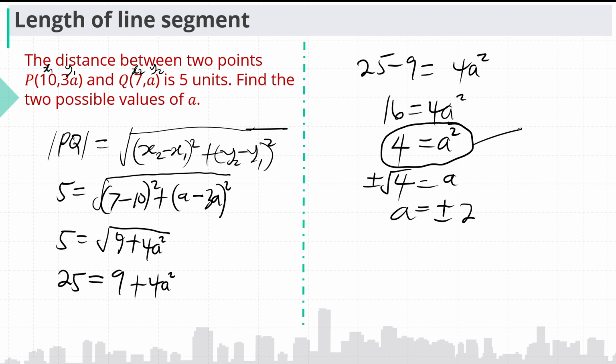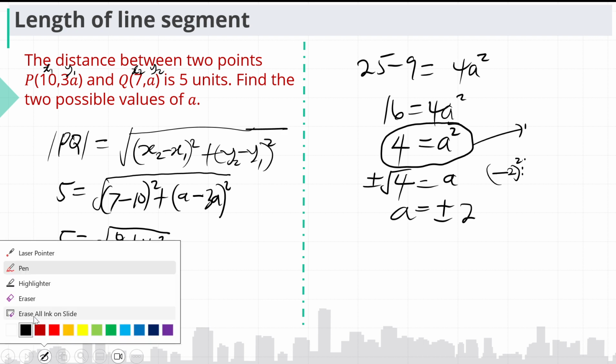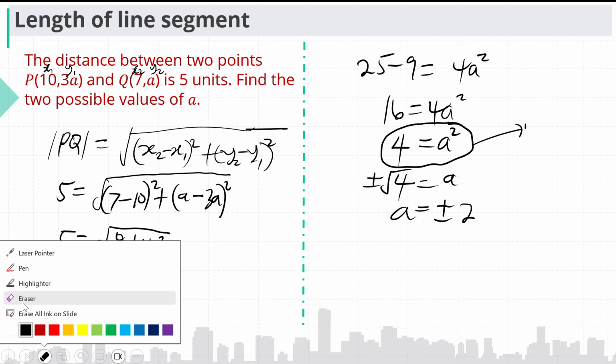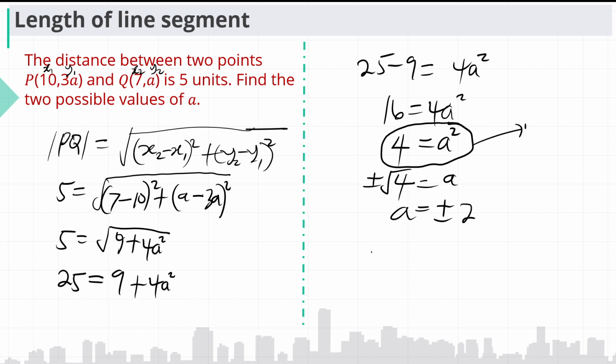When you also do minus 2 squared, it will also give you 4. And so the values of A are minus 2 and then positive 2.